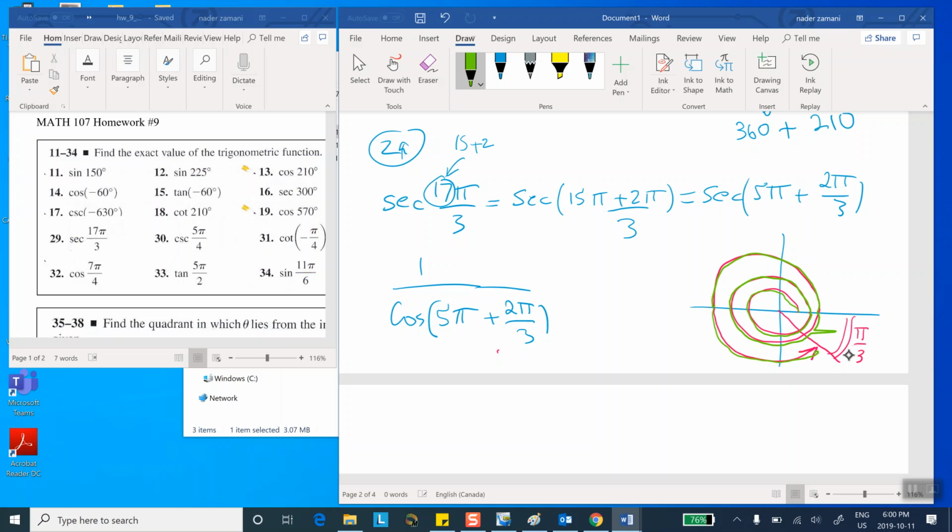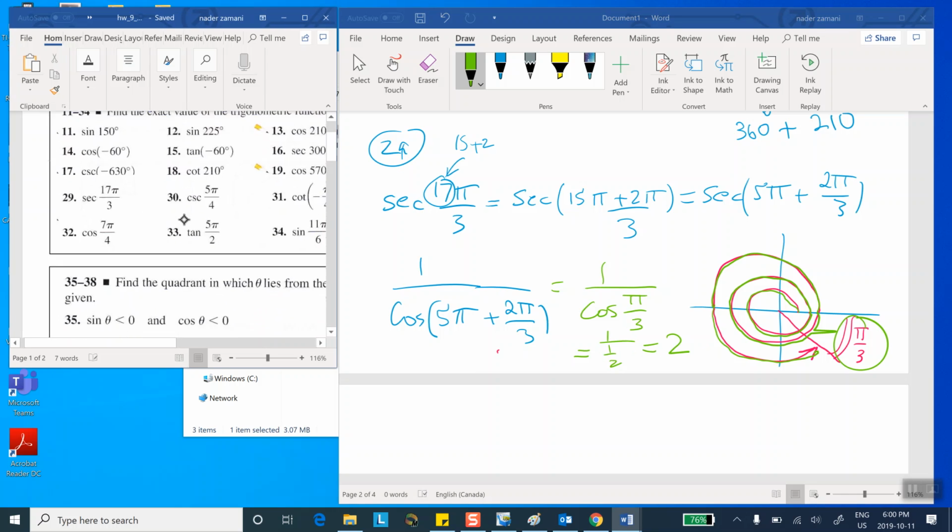That means this leftover is pi over 3. The moral of the story is that this is the same as 1 over cosine of the reference angle, pi over 3, and of course this is going to be 1 over 1/2, and the answer is 2. Okay, check it out.